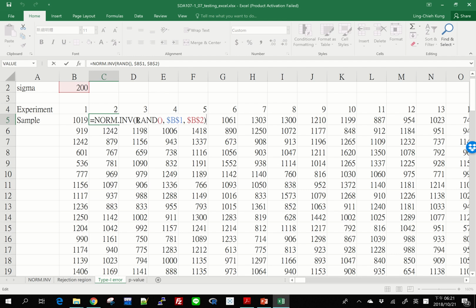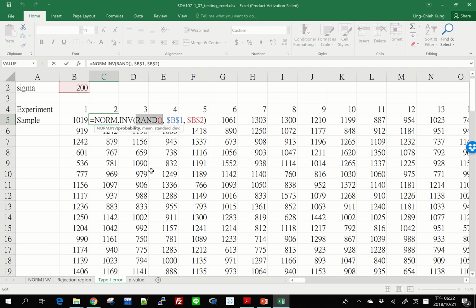Basically, I first tell the normal curve that I'm going to randomly select a place as the cumulative probability, like say 0.8, 0.2, 0.9, somewhere. This number must be between 0 and 1, so I use rand to randomly generate a number between 0 and 1. I take that as the left tail probability. Then I use the normal inverse function to revert back to a normal random number.